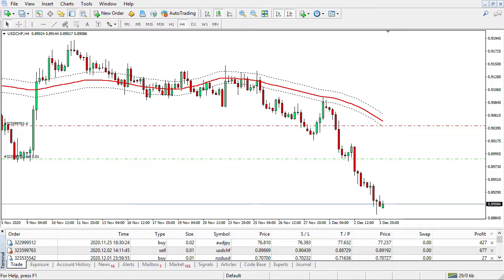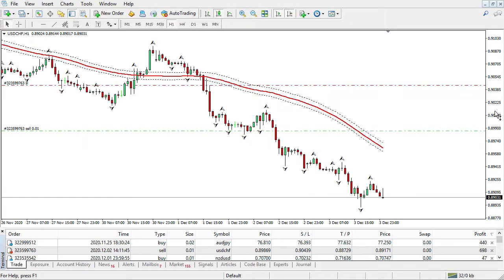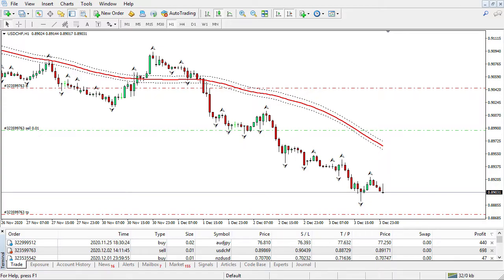So all that was left for me to do at that point was to simply crank down to the 1-hour chart of this currency pair to start looking for low risk, high probability short forex trade setups in the direction of the bearish trend, which I was able to successfully identify and confirm on the pair. On the 1-hour chart of the USD CHF currency pair, price had already crossed and closed below the 360 period simple moving averages.